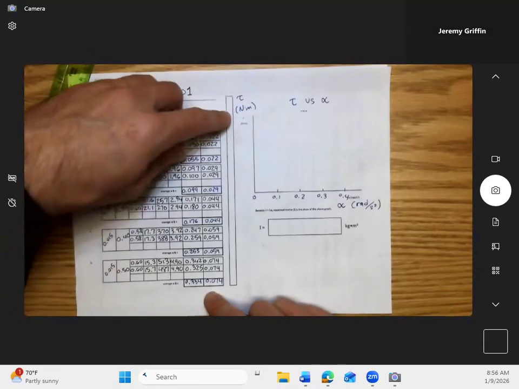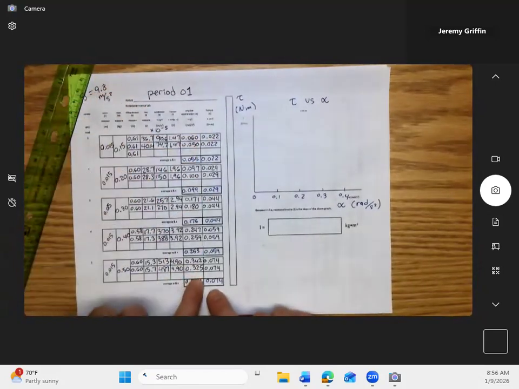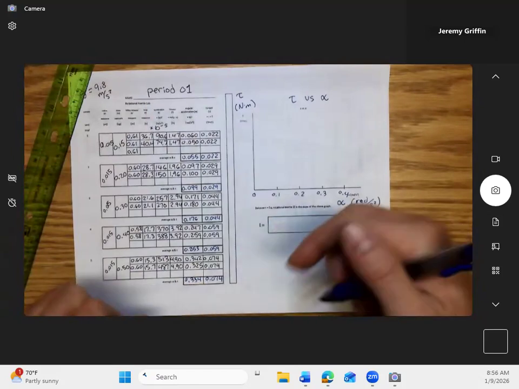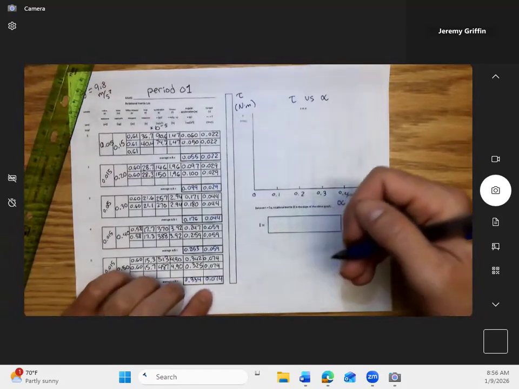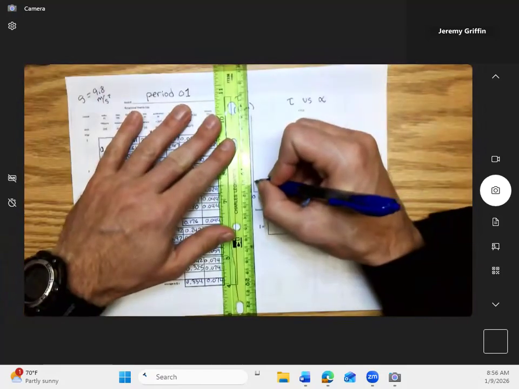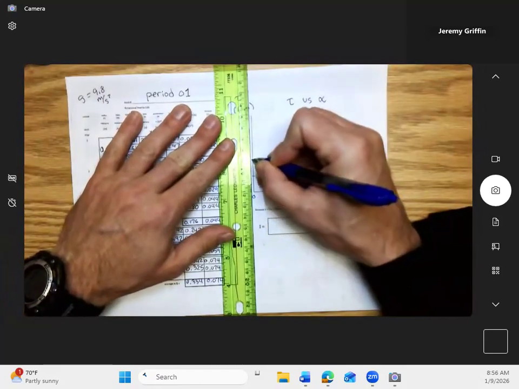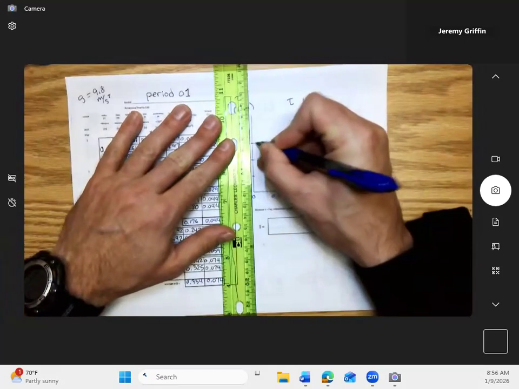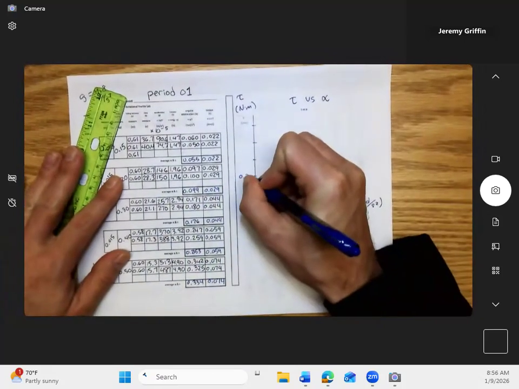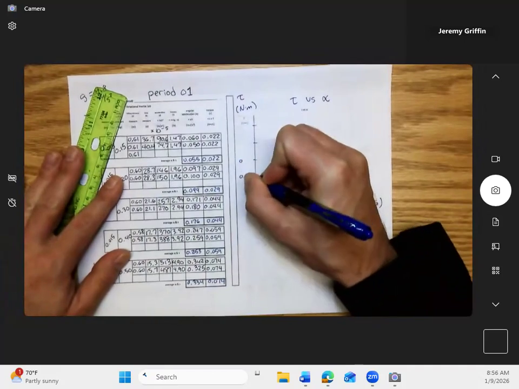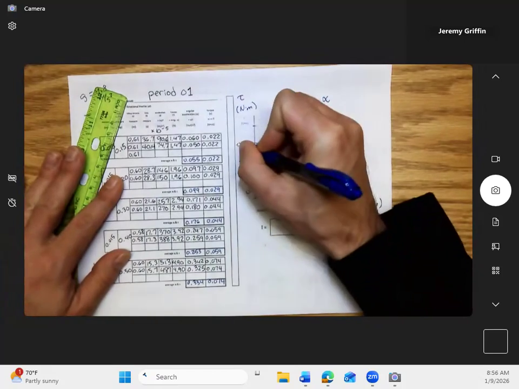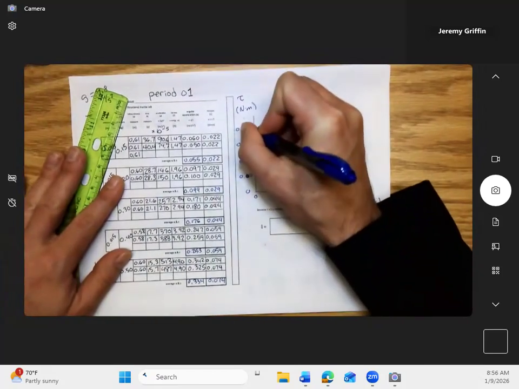And then what's the biggest torque? It's also the largest slab weight. It looks like 0.07 something Newton meters. So let's go 0, 0.02, 0.04, 0.06, 0.08.